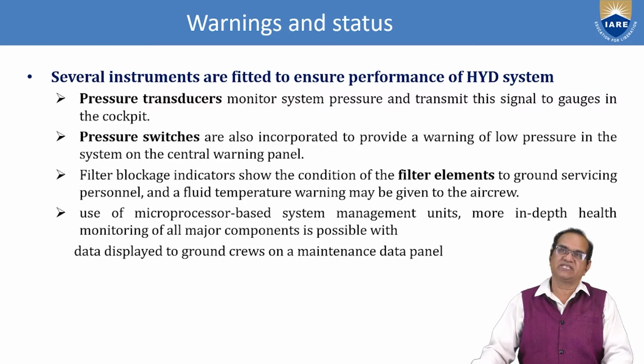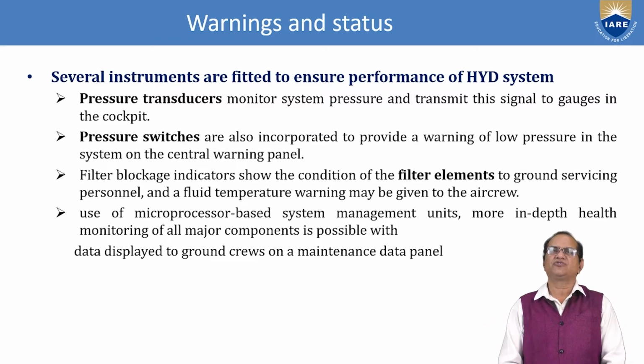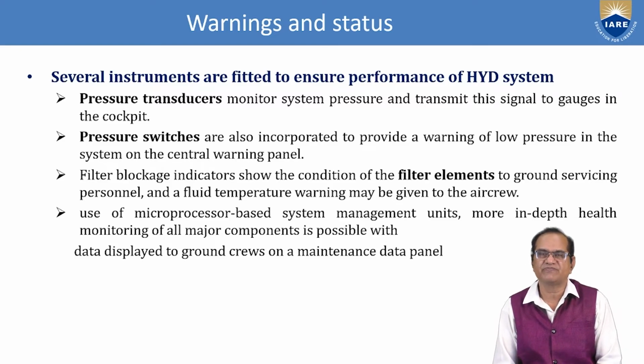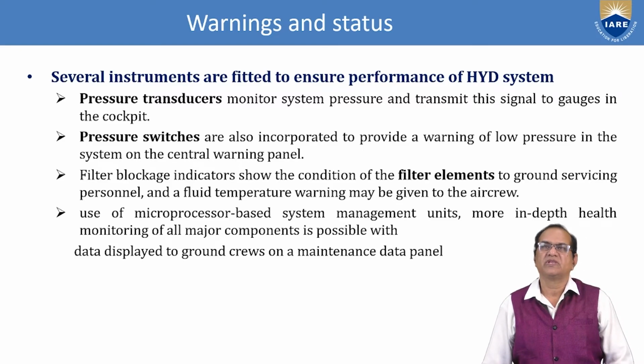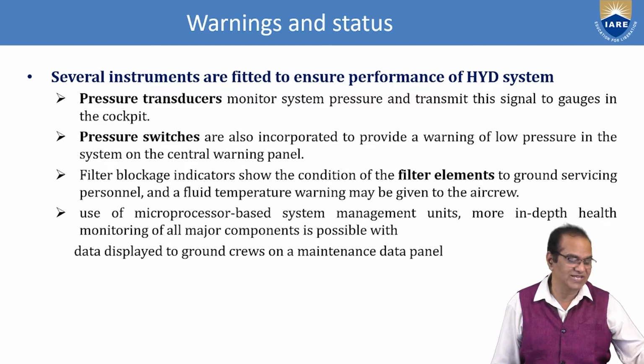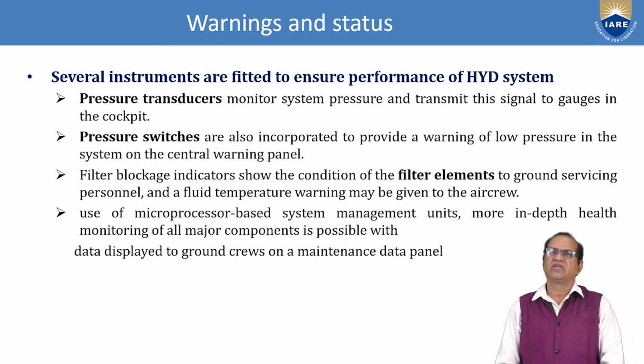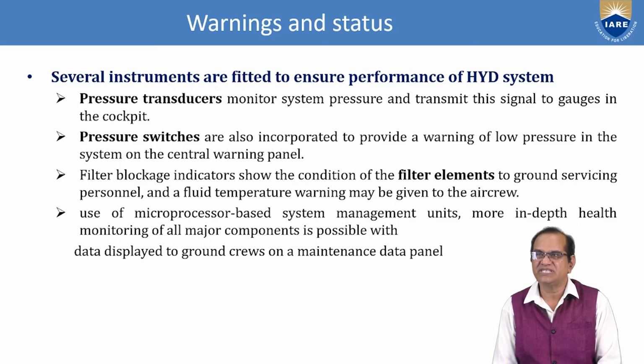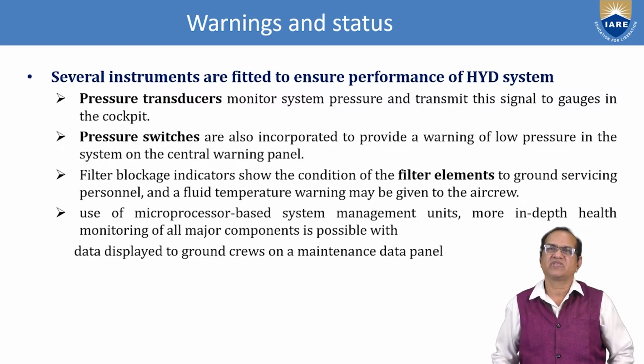Warning and status. Several instruments are fitted to ensure performance of the hydraulic system. So what are those warning systems which we should always have? Pressure transducers monitor system pressure and transmit this signal to gauges in the cockpit.